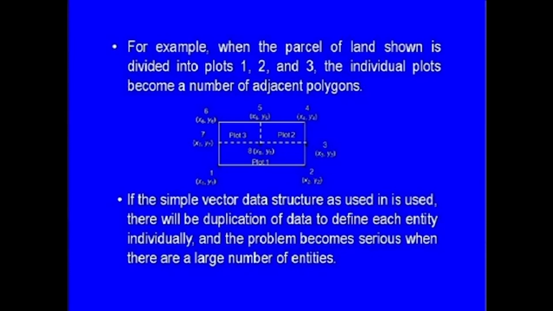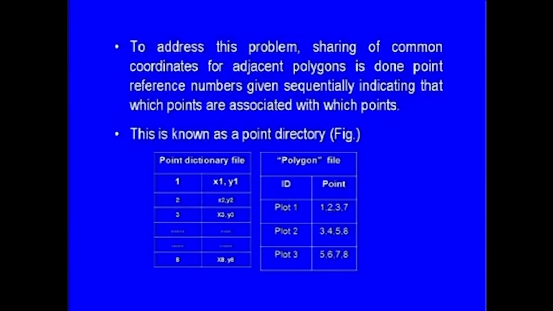If the simple data structure is used, there will be duplication of data to define each entity individually, and the problem becomes serious when there are a large number of entities. To address this problem, sharing of common coordinates of adjacent points is done by point referencing.